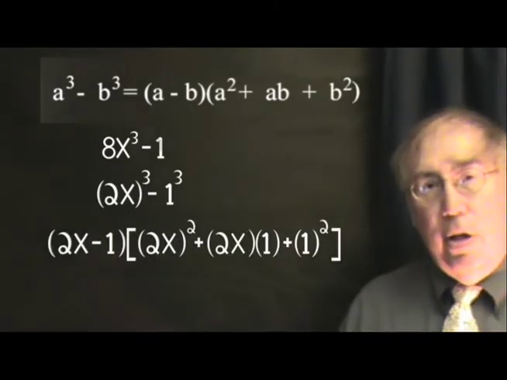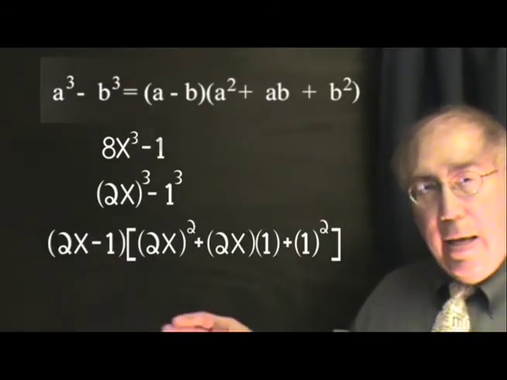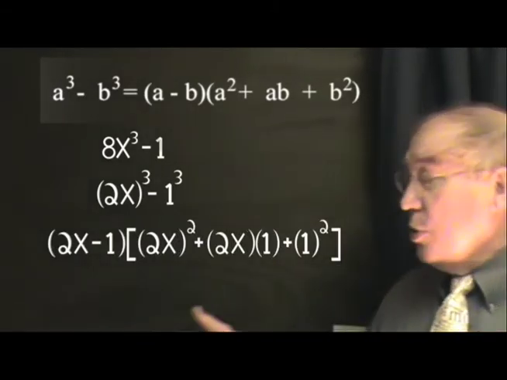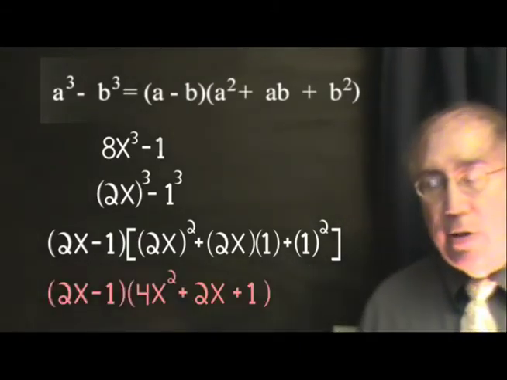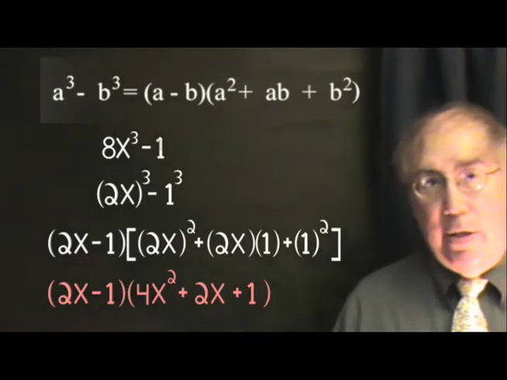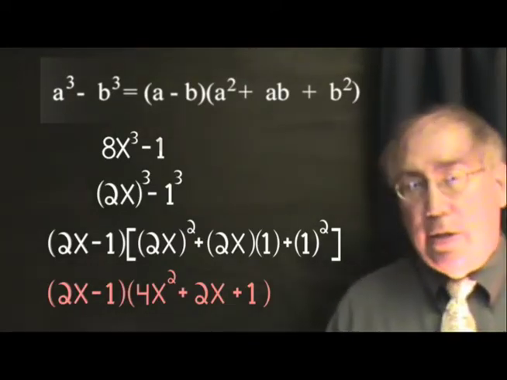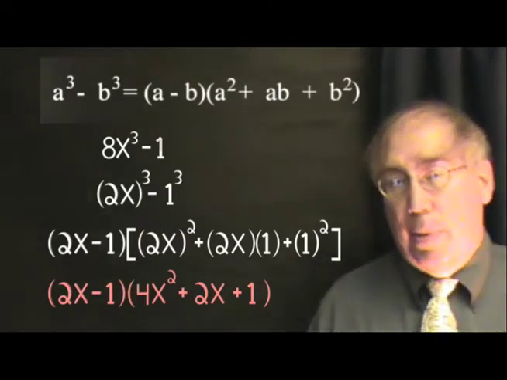So 2x is a, 1 is b, substitute that in the right hand side and work that down, and we get the quantity 2x minus 1 times the quantity 4x squared plus 2x plus 1. That's what our answer would look like.